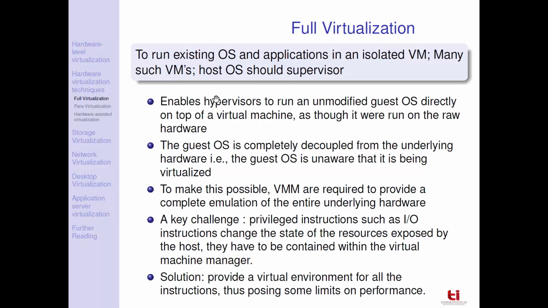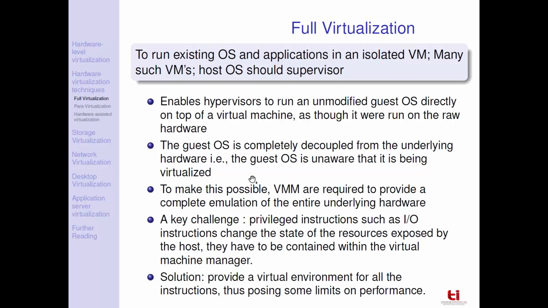Full virtualization enables the hypervisor to run an unmodified guest OS directly on top of a virtual machine as though it were run on raw hardware. This is because the guest operating system and the hardware are completely decoupled, that is, it is unaware of being virtualized.